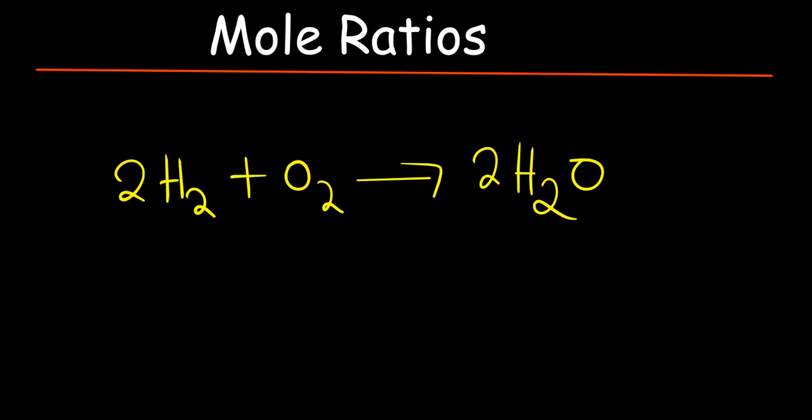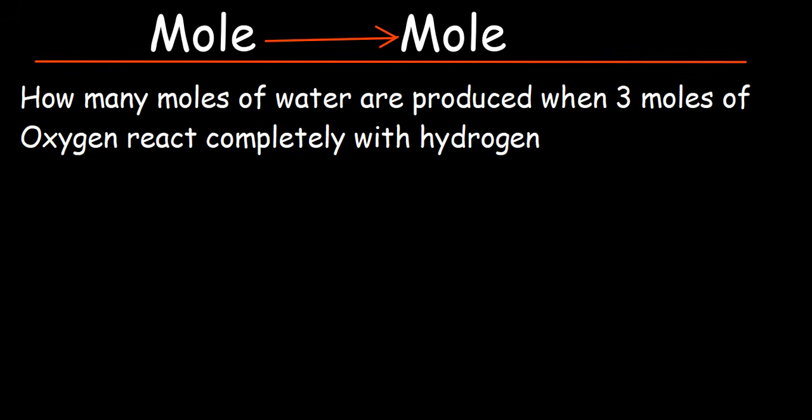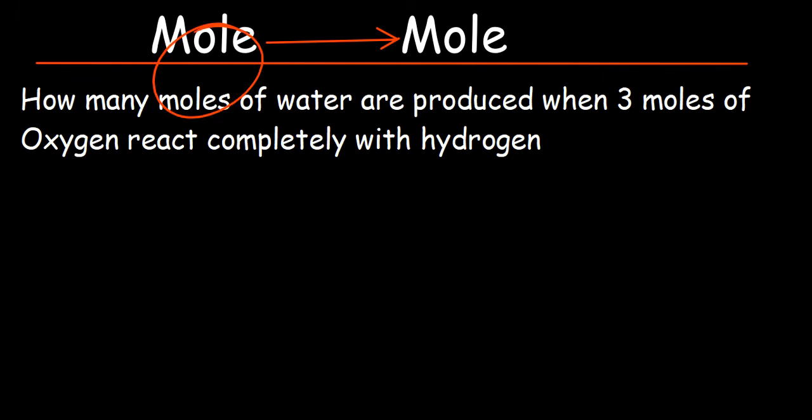To assimilate it better, let's solve a problem. Let's say you want to convert moles to moles, the moles of one substance to the moles of another. We have a question: how many moles of water are produced when 3 moles of oxygen react completely with hydrogen?